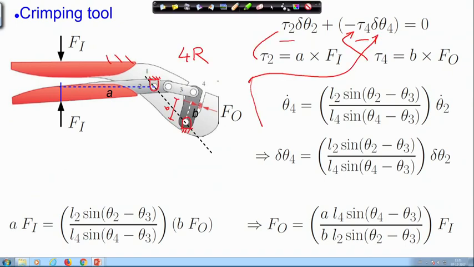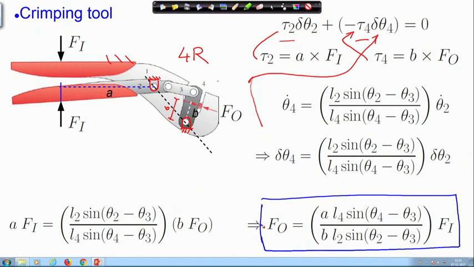Now, here we need to look at these angles. So, this is the force relation for us, input output force relation. So, Fi is the force at the input, Fo is the force of crimping. When theta 2, as you can see, this angle is theta 2 and the angle made by this link 3 is theta 3.